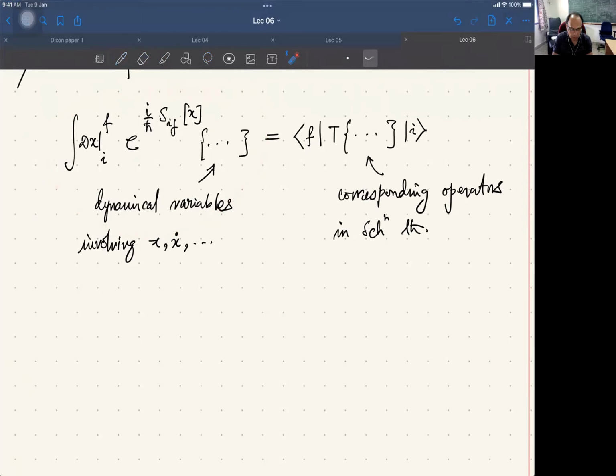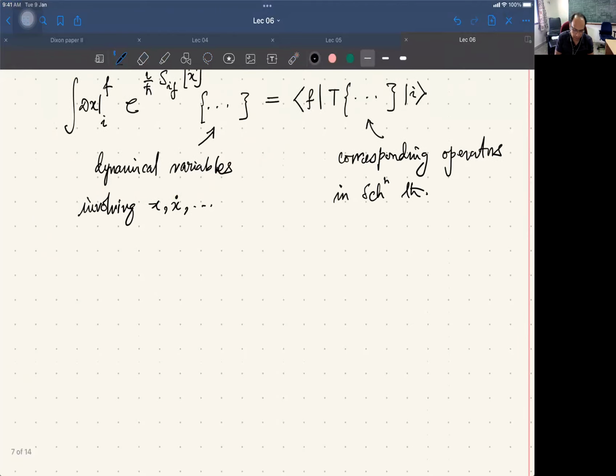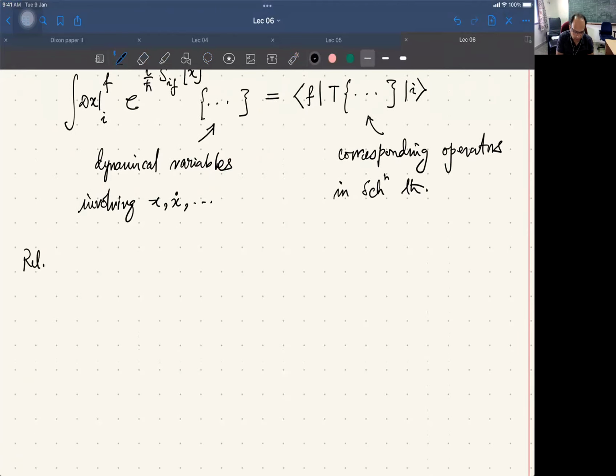So in the context of the relativistic particle, we have not developed this language.